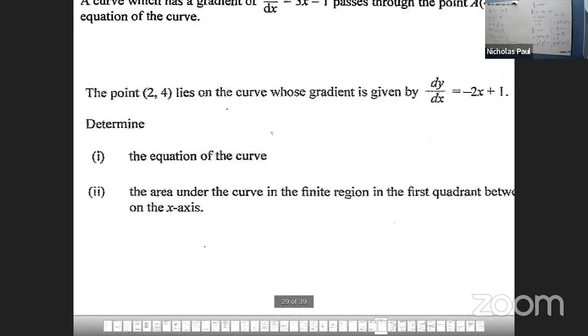Remember the minus on the outside of the square, right? So you square and then you put the minus.